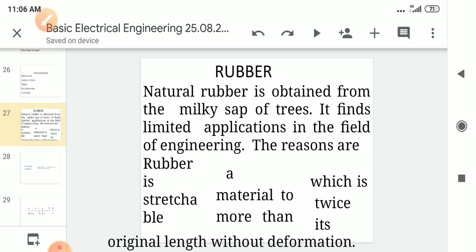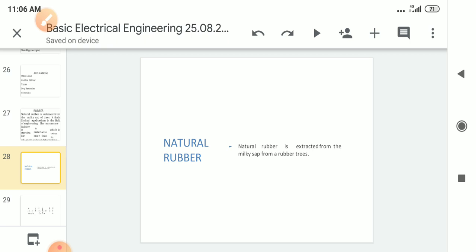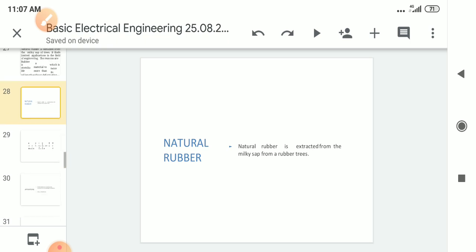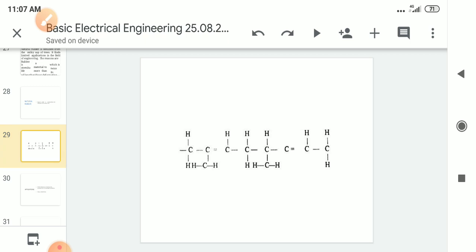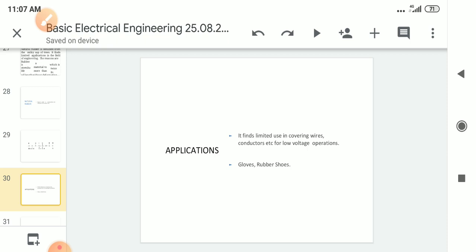Stretching means it can stretch to twice its original length without deformation. So what is this natural rubber? Natural rubber is extracted from trees. This is the chemical composition.